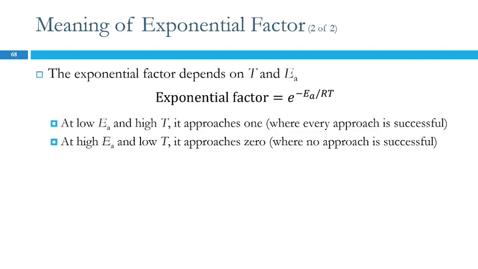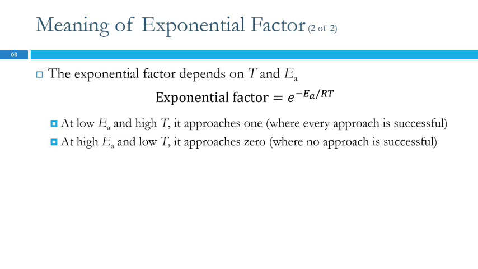So this is the exponential factor, and this whole mess here is going to have a value between 0 and 1. And it represents the fraction of molecules that have enough energy to go over the barrier. If we have high activation energy and low temperature, now we've got a big hump to get over and the molecules are moving more slowly, then that factor can approach 0, where none of the approaches are successful.